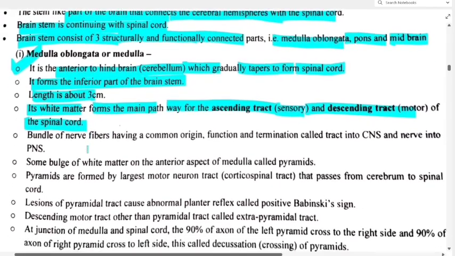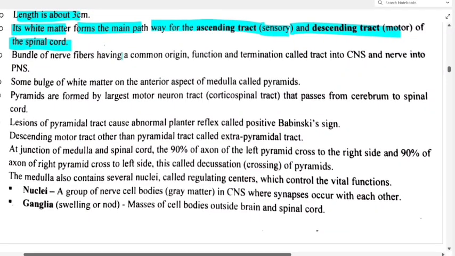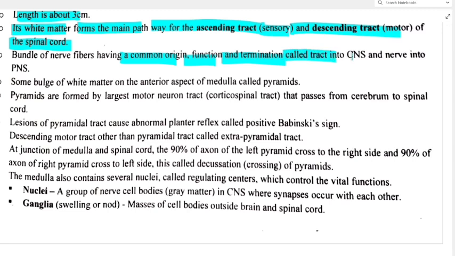Clear? Next, a bundle of nerve fibers having common origin, function and termination is called tract in CNS and nerve in PNS. What is CNS? CNS is central nervous system, PNS is peripheral nervous system.